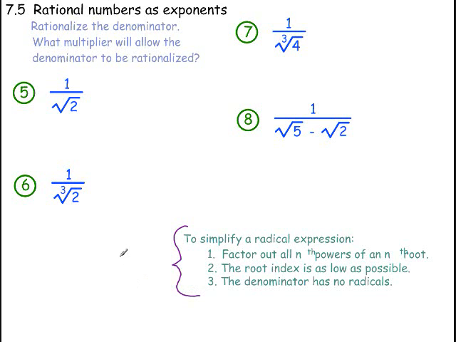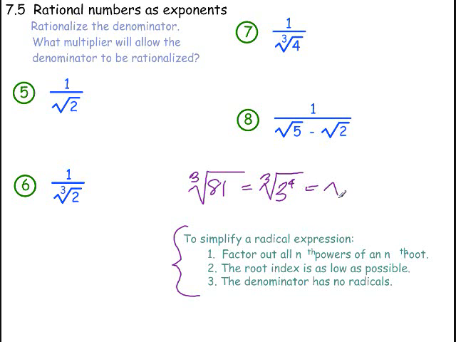So all I want to emphasize here is when you're simplifying a radical expression, you factor out all the powers that match the root. If you're taking a 3rd root, let's say we had 81. We're taking the 3rd root of that. Well, we could rewrite this as 3 to the 4th power.